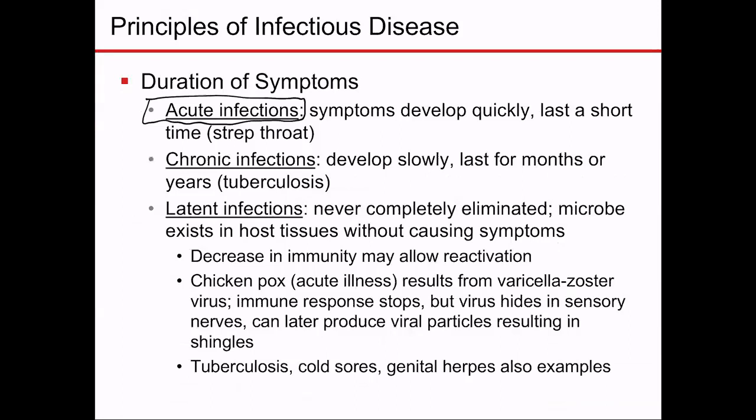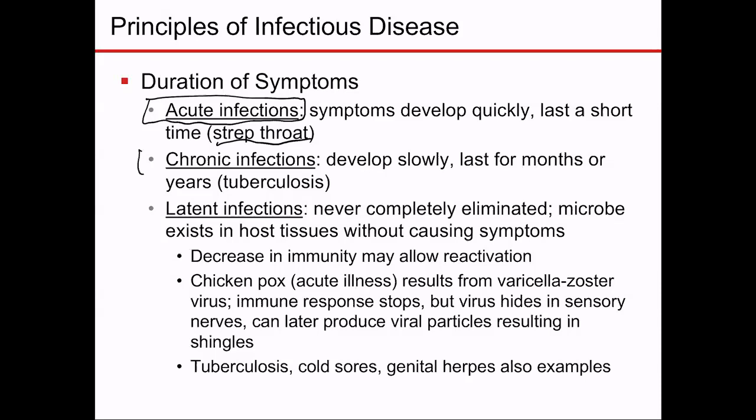This is usually an infection that may last only for a short time. The person may recover, or the person may die. Strep throat, for example, is an acute infection. Flu, infection by the influenza virus, is an acute infection. Ebola is an acute infection.